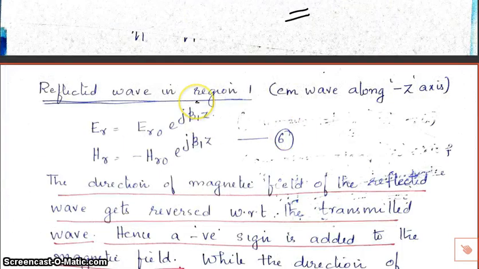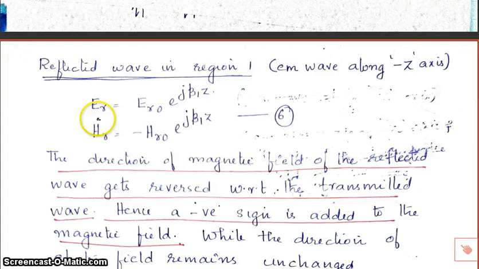Now coming to my region 1, where we have our reflected wave, I can write Er is equal to Er naught into e raised to j beta 1 Z. Here your exponential term is positive because, as I said earlier, this reflected wave is along the minus Z axis, because the incident wave is along the plus Z axis.